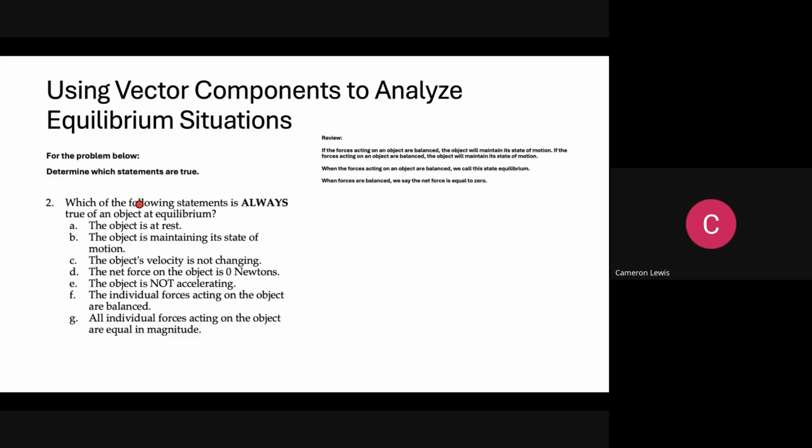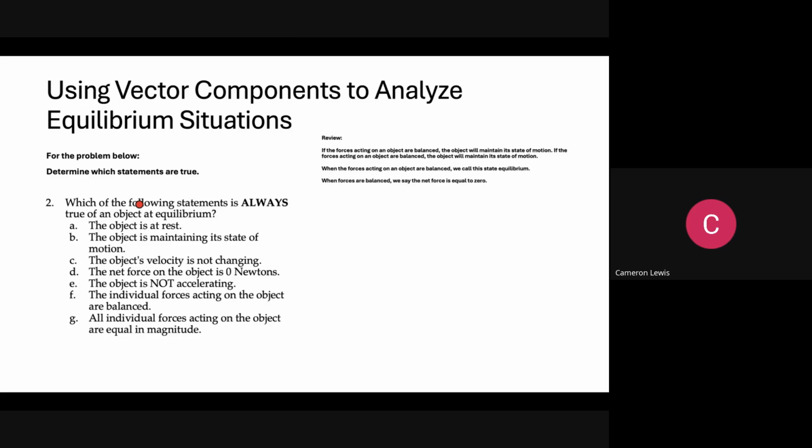It maintains its state of motion, but it only accelerates or changes if it's acted upon by an outside force. But which law is that? First, second, or third? The second law is the acceleration one. But if an object maintains a state of motion, that's Newton's first law. So balanced forces relates to Newton's first law.